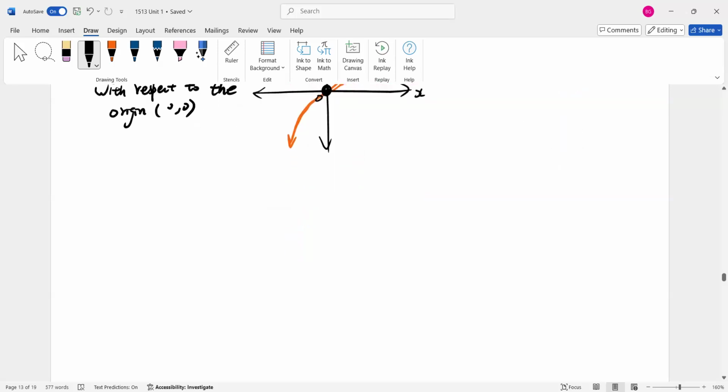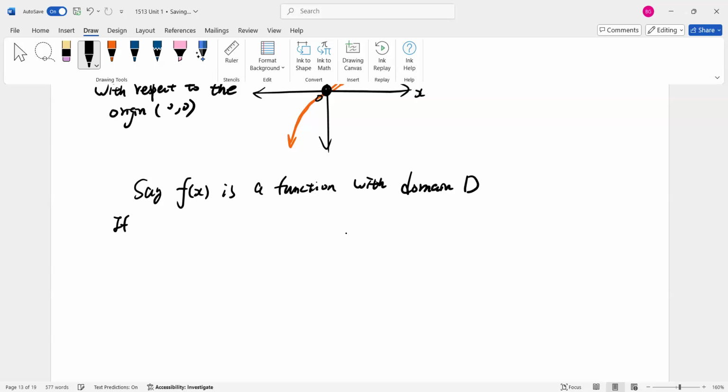Okay, now I'm going to give you the definition for an even function. Let's still use f. Say f is a function with domain D. If two conditions are met, then f of x is an even function.